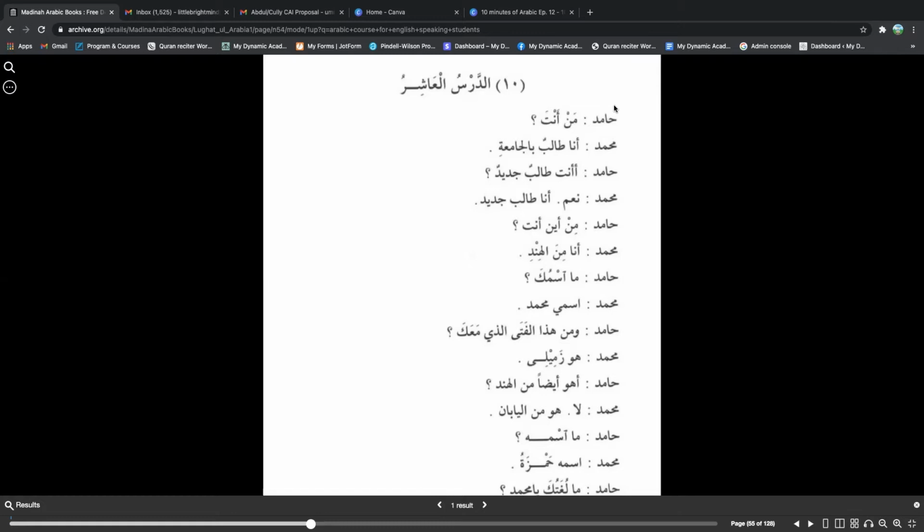If we want to make it his book, we just add the ha with a dhamma, and it's kitabuhu. So the hu stands for him. For her, you would add a ha that has an elongated aleph on it. So we make it kitabuha, her book.